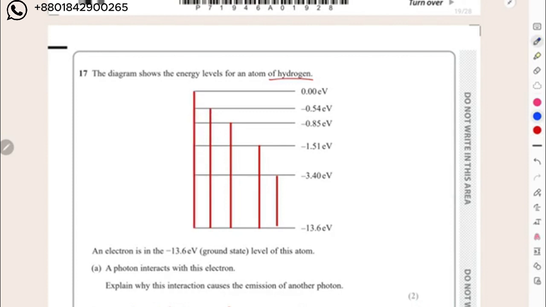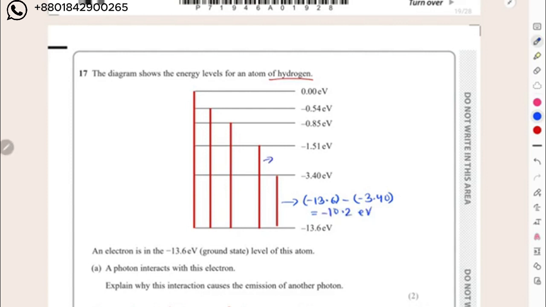If I have to find the value for this, I do minus 13.6, minus 3.4, with brackets and everything, 13.6 minus 3.4. So you get almost 10.2 eV.